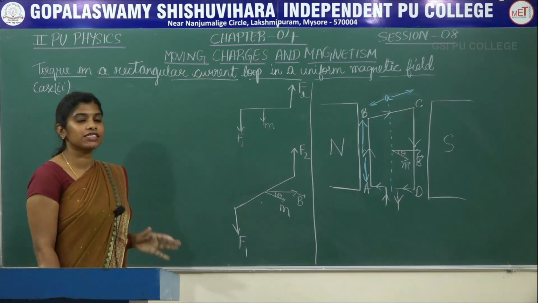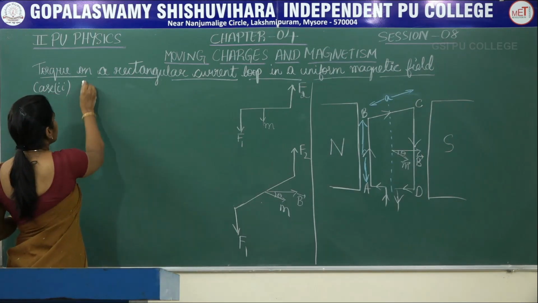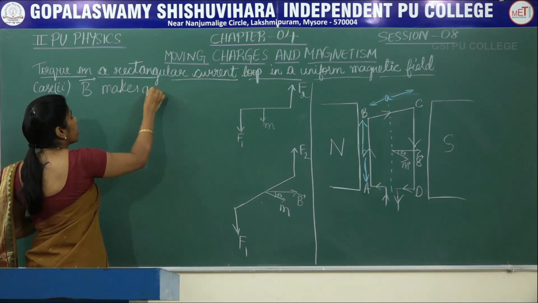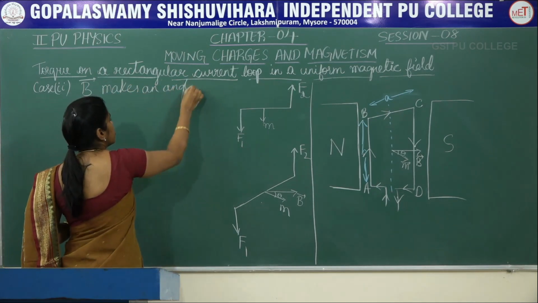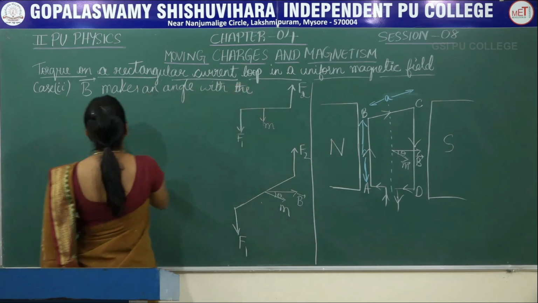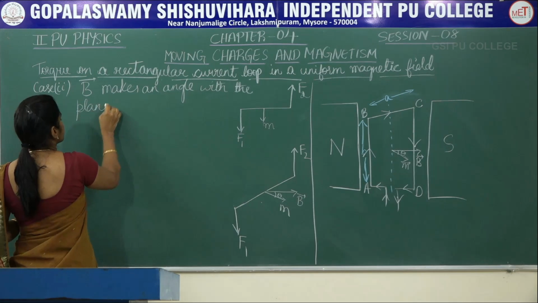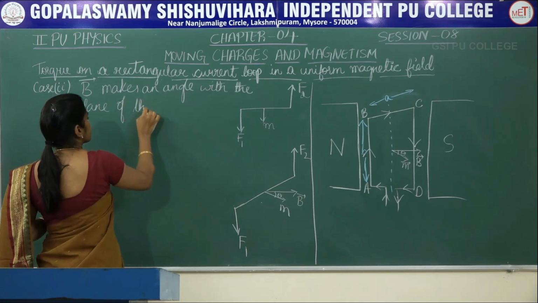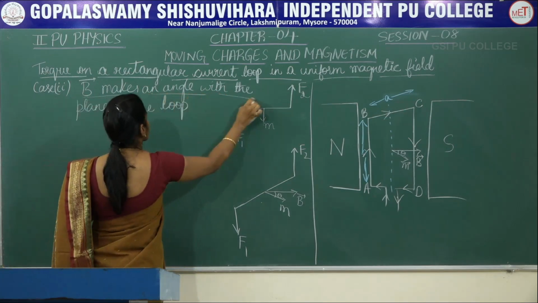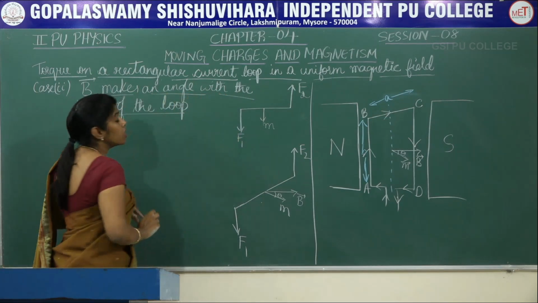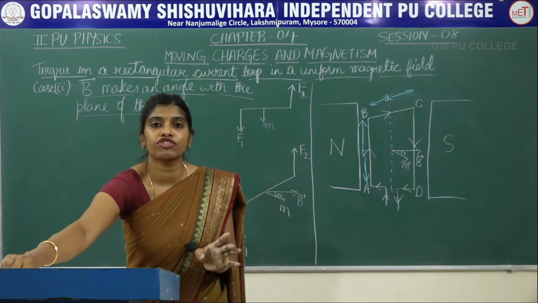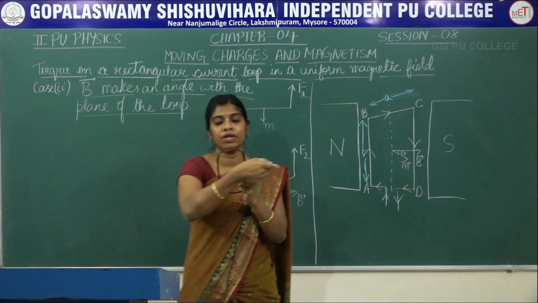Now let us discuss case 2, where the magnetic field makes an angle with the plane of the loop. Before, the magnetic field and the plane of the loop were on the same line.